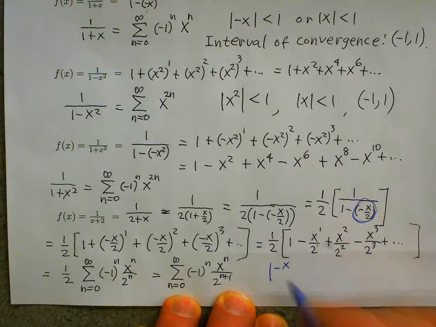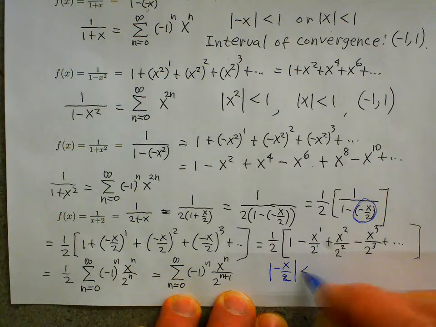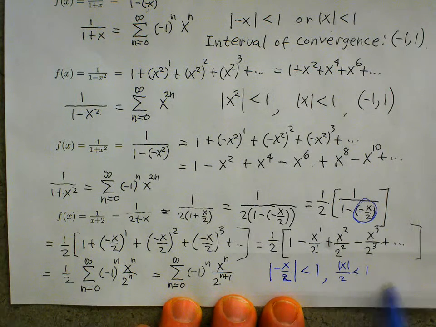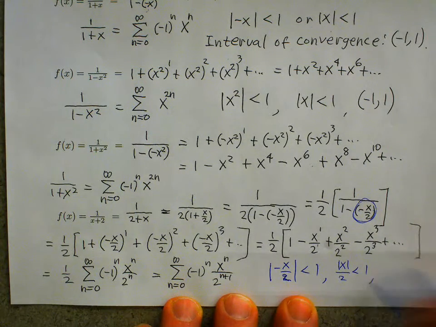The absolute value of -x/2 is less than 1, but that's equivalent to the absolute value of x/2 is less than 1. Multiply both sides by 2. The absolute value of x is less than 2.